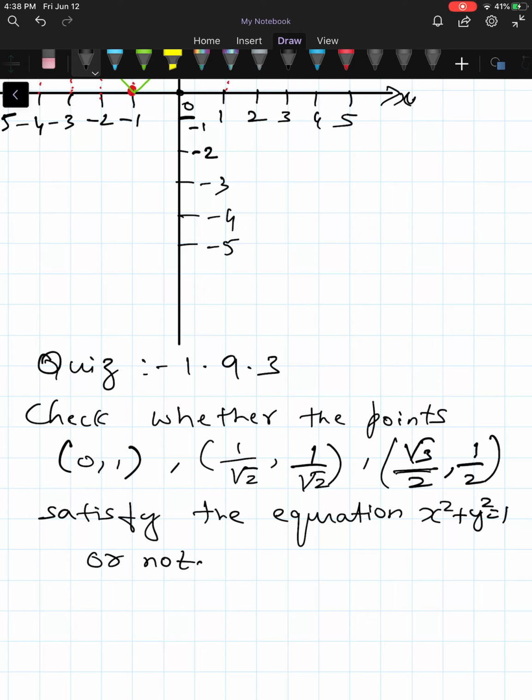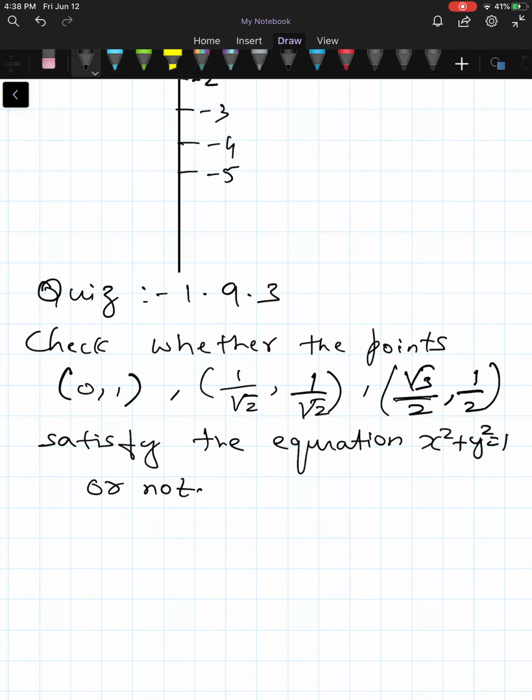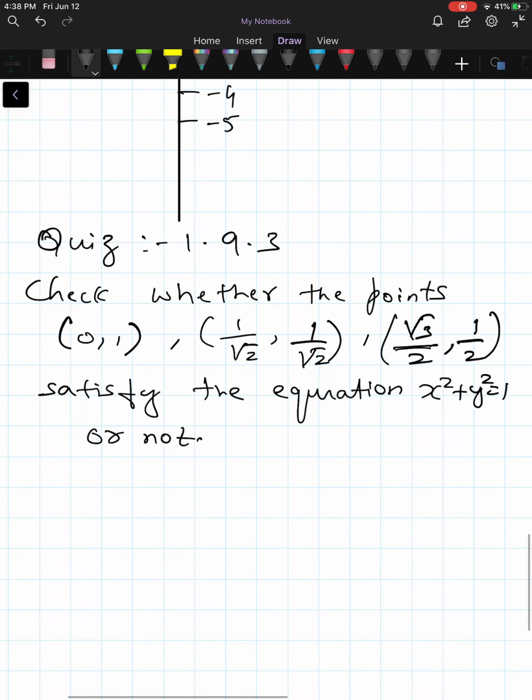So substitute the given points for x and y values respectively, and check whether you are getting RHS equal to LHS as we did above in the beginning of the video.